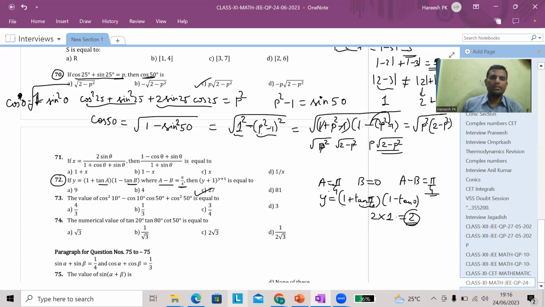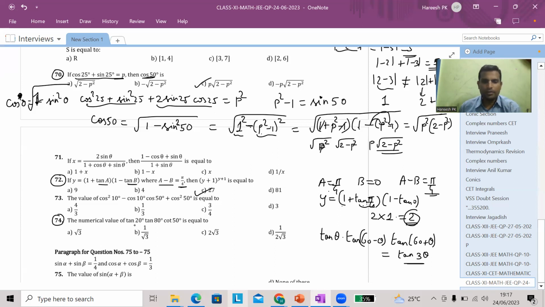So next, 74th question. We have seen a formula: tan theta into tan 60 minus theta into tan 60 plus theta. This is nothing but tan 3 theta. So you have to try to use this formula.